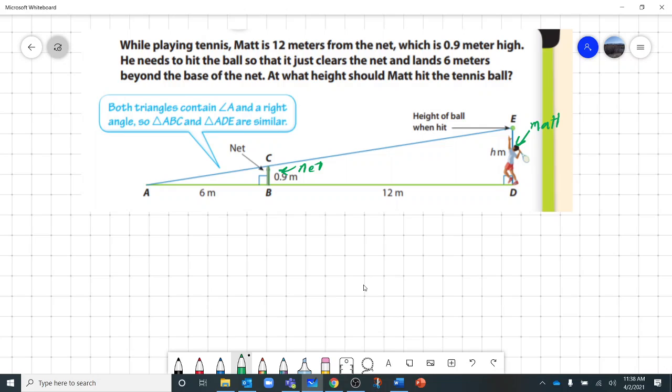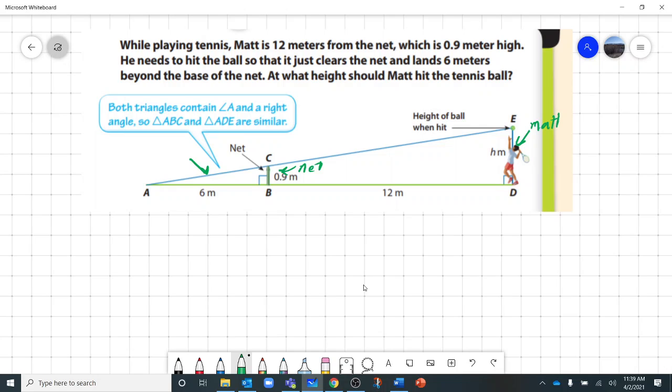All right, so what we have here are similar triangles. And when we have similar triangles, the proportions are the same. Okay, so what we can say is, looking at this smaller triangle up at the front, we know that the net is 0.9 meters high, and the distance from the net to where we want the ball to land is 6 meters.